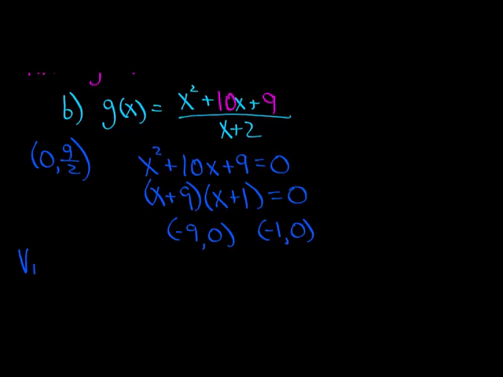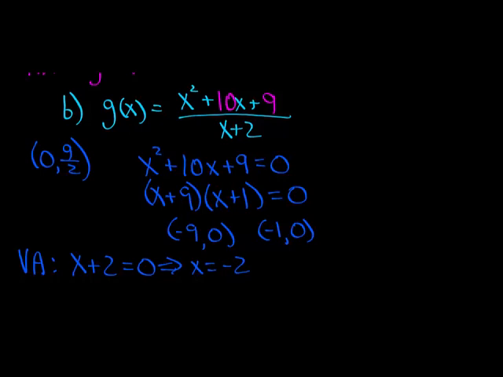Now, for the vertical asymptote, we set the bottom equal to 0, and we get x equals -2. So there's a vertical line right through the x-axis at -2. Now, at this point, we're looking for the next asymptote. It's either horizontal or slant.